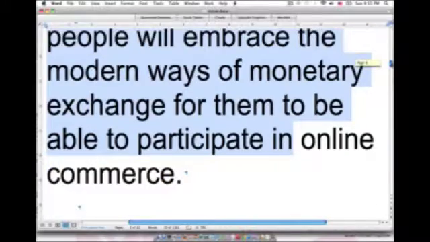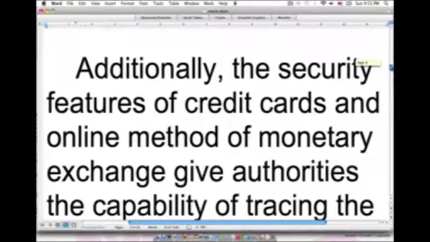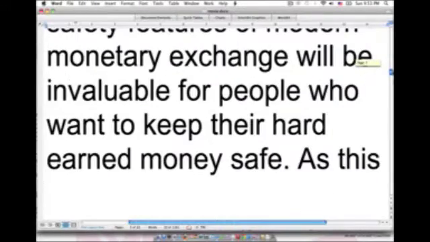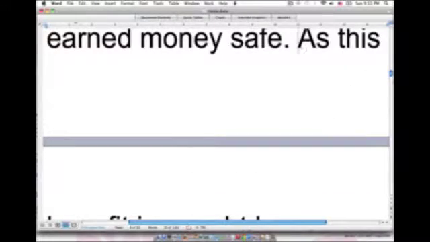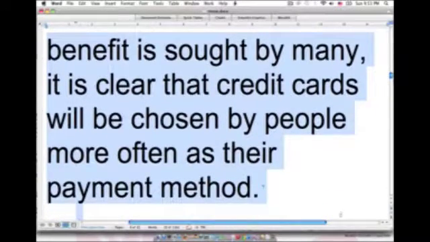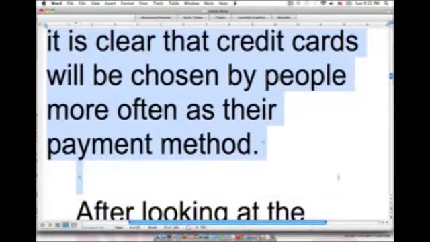Now, it's not that they only do this once, they do it again in their second supporting paragraph. Let's take a look. "As this benefit is sought by many, it is clear that credit cards will be chosen by people more often as their payment method." Another reference back to the thesis. So as you can see, this is an essay that is working at the essay level.